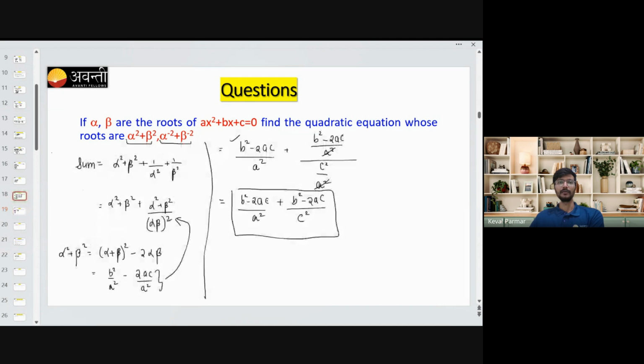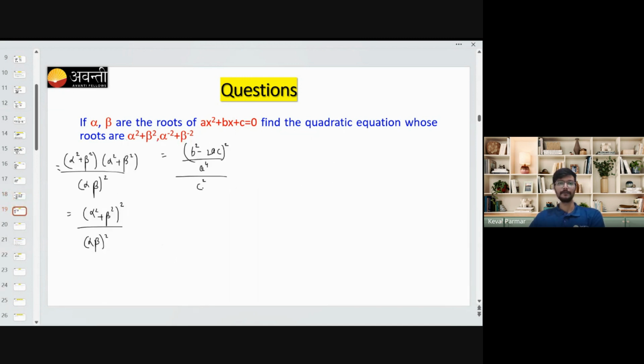What is alpha beta the whole square? It is c square by a square. So this a square will get cancelled. What I'll get is (b square minus 2ac) upon ac the whole square. This is the product of the roots.